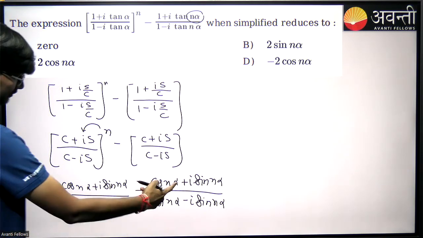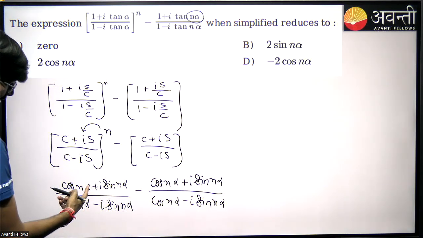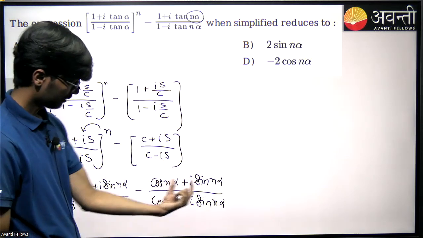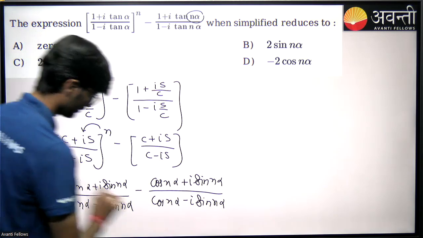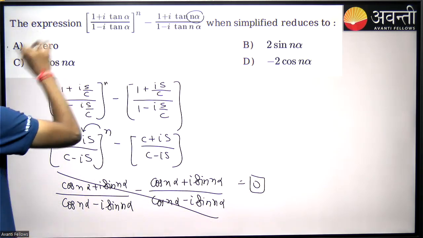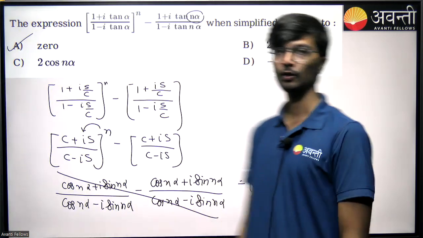As you can see, both the terms are the same, guys. Same plus and minus. This means these all will get cancelled and we'll get 0. That means option A. I hope it is clear.